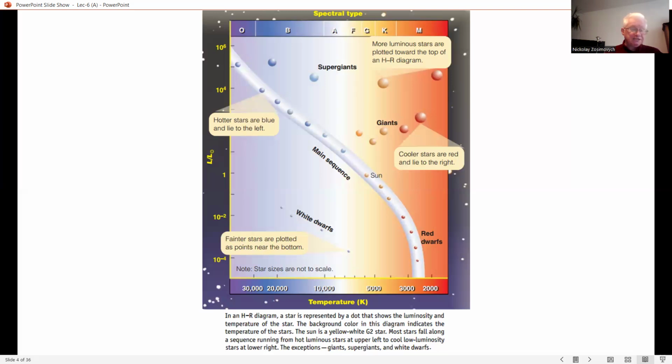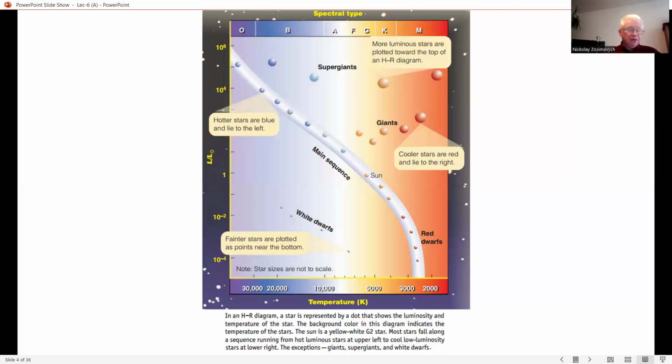Also, points near the right edge of the diagram represent very cool stars, and points near the left edge represent very hot stars. Astronomers use HR diagrams so often that they usually skip the words, the point that represents the star.